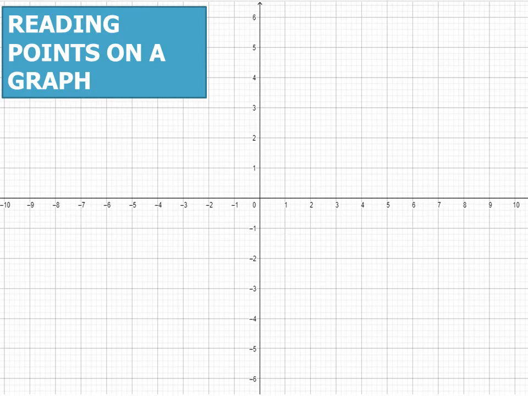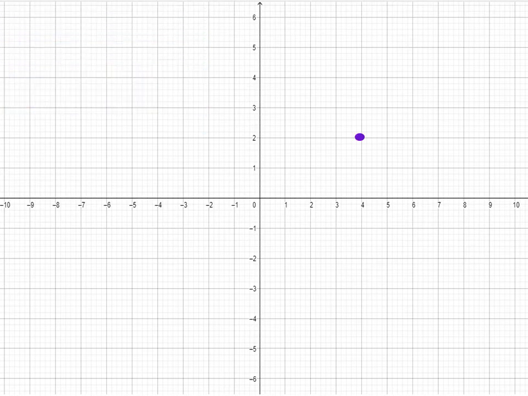Let us learn how to read points on a graph. Here we have a purple dot on a graph. And this purple dot is sitting in space, right? Now we use x values as well as y values to represent the dot that's sitting in space.